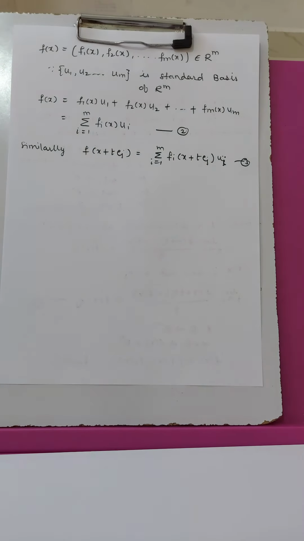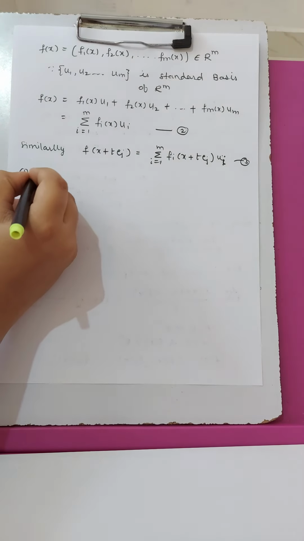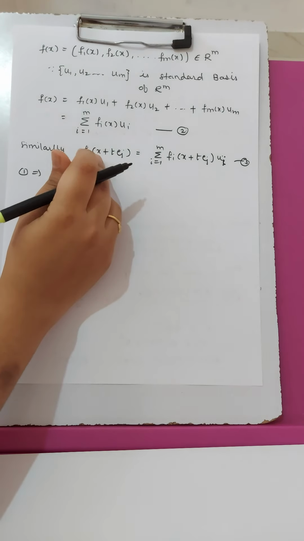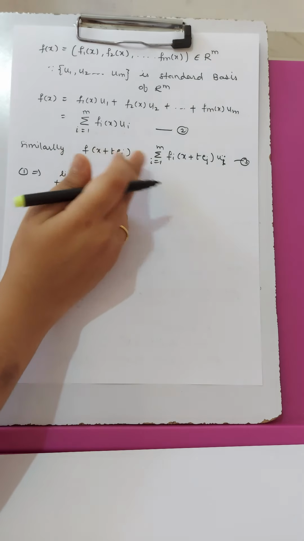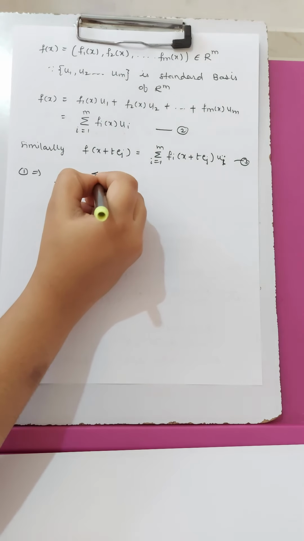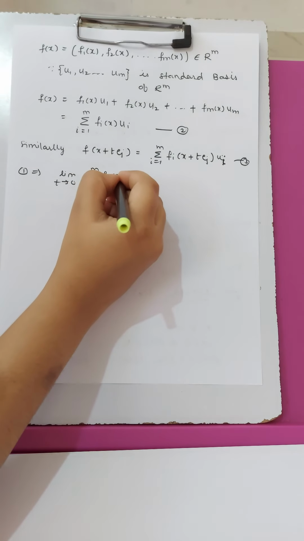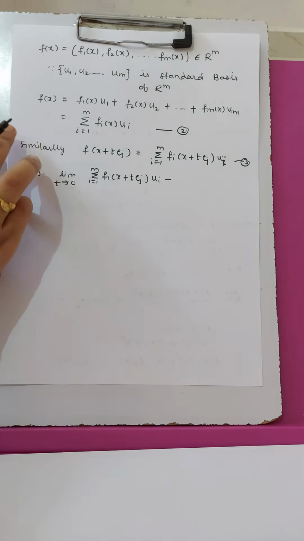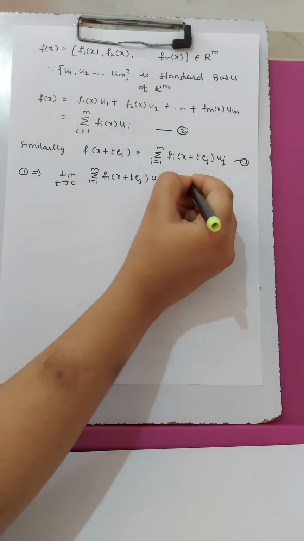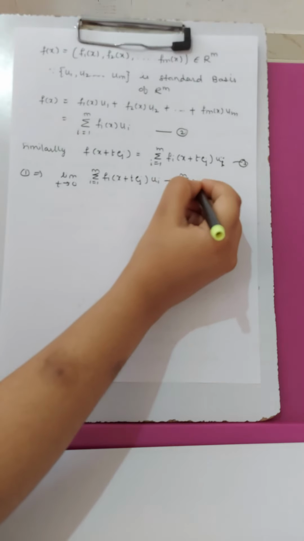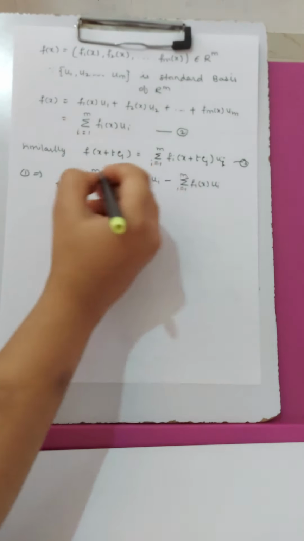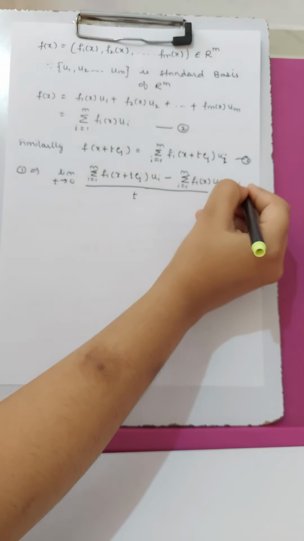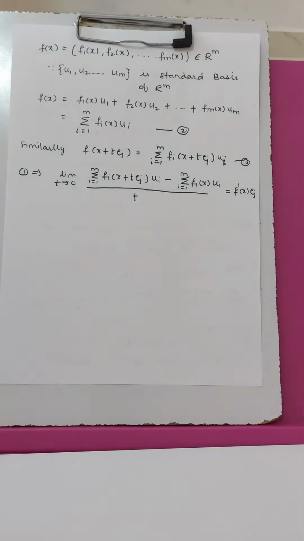Now using 2 and 3 in 1, we get: limit t tends to 0 of [summation i from 1 to m of f_i(x + t e_j) u_i minus summation i from 1 to m of f_i(x) u_i] upon t, which is equal to f'(x) e_j.